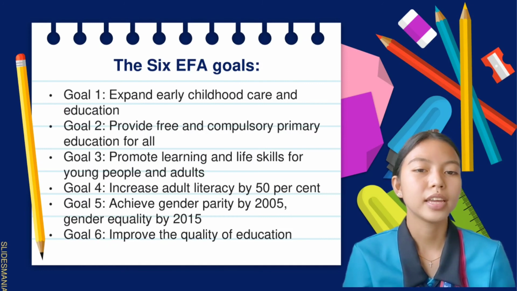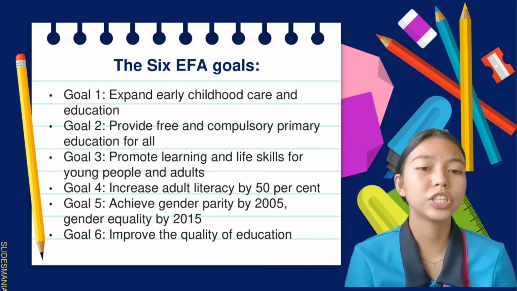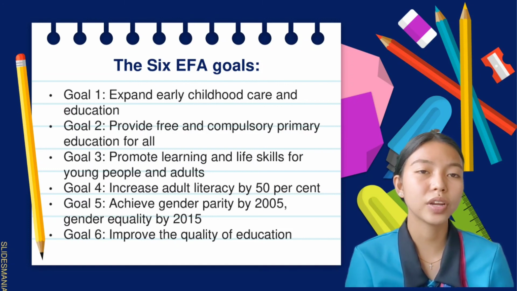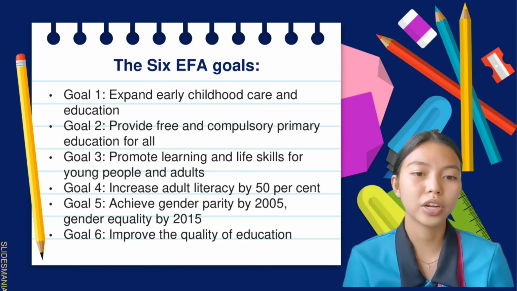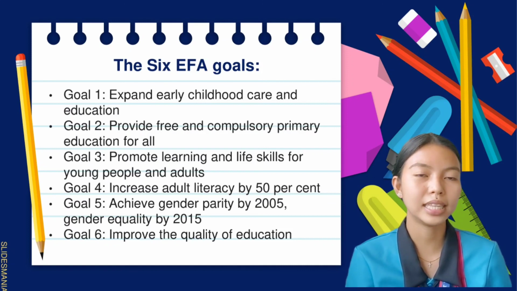Goal 5, which is eliminating gender disparities in primary and secondary education by 2005, and achieving gender equality in education by 2015, with a focus on ensuring girls' full and equal access to and achievement in basic education of good quality.